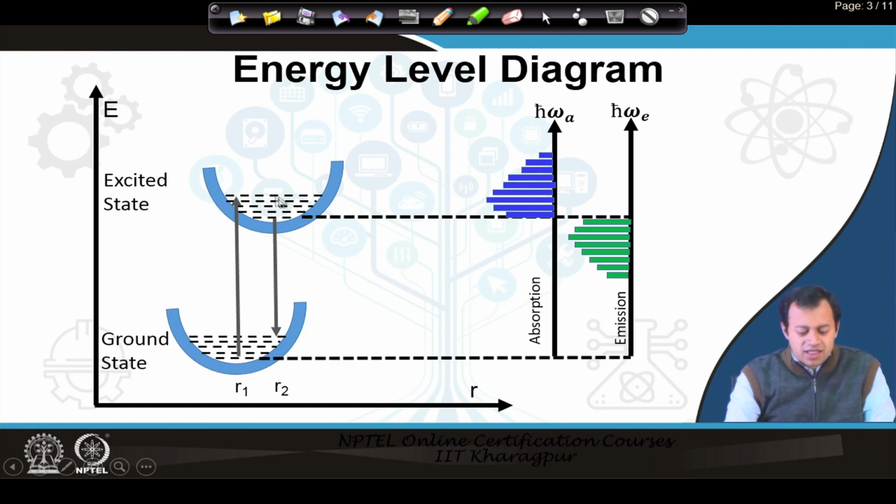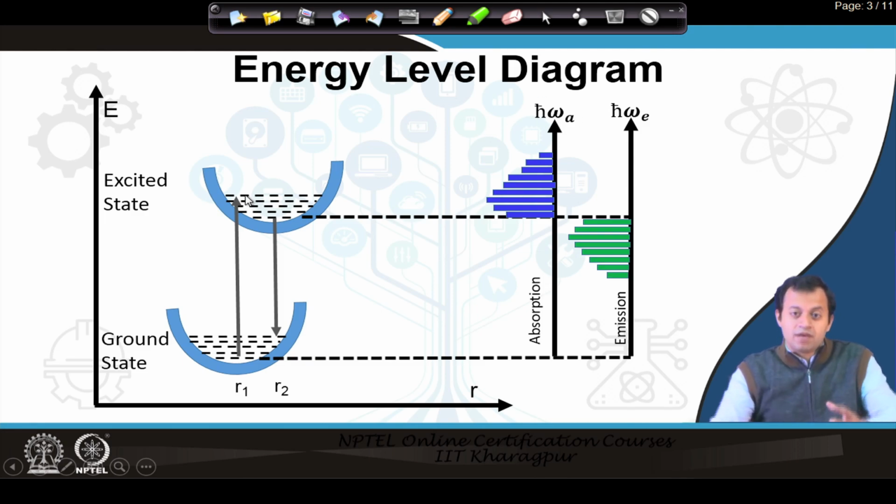So, the excited state once again has several sub-orbitals, and the ground state has several sub-orbitals. Depending on what frequency of light is being absorbed and where the electron is going, from the lowest of the ground state to the highest of the excited state or something intermediate, you get different bands of frequencies that it can absorb.